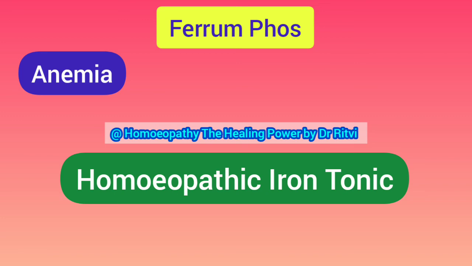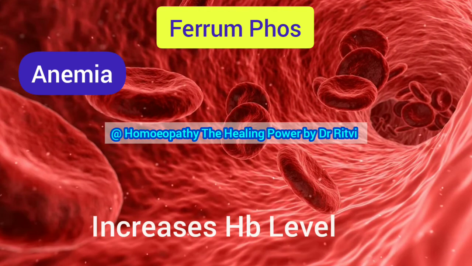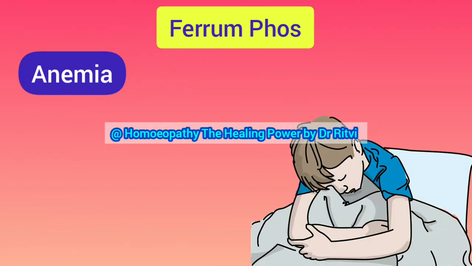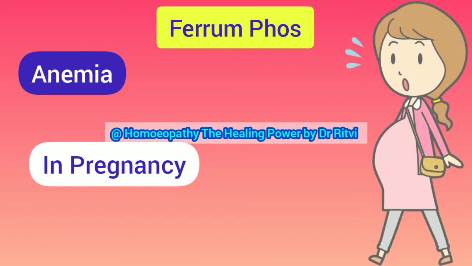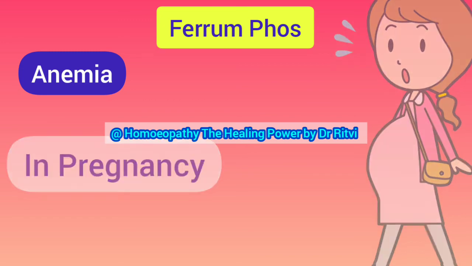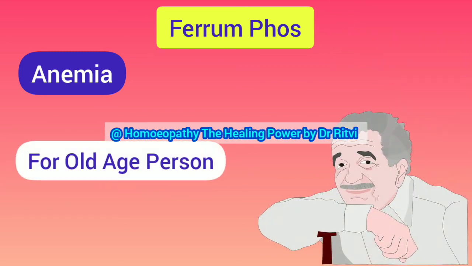Long and continued use of this medicine increases the Hb concentration of the body. So it can be useful in the cases where the children are weak with loss of weight, loss of appetite, and with low strength. Also in cases of women during pregnancy, in the cases of old age persons, to increase their strength, stamina, and maintain the energy level of the body.